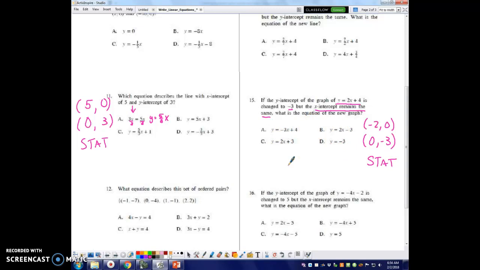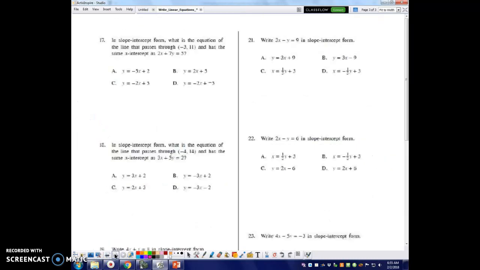Okay, let's look at number 18. In slope-intercept form, what is the equation of a line that passes through negative 4, 14 and has the same x-intercept as this equation? Okay, so again, we have to find the x-intercept. So we need to put this into y equals so that we can type it in. So what's the first step?